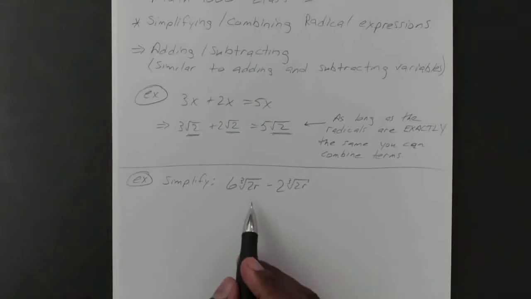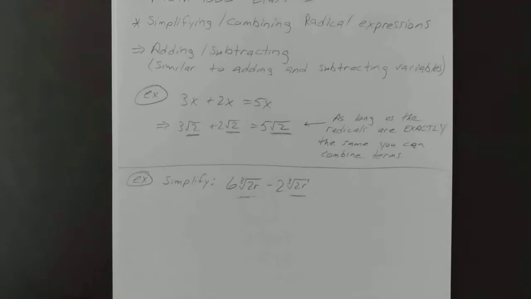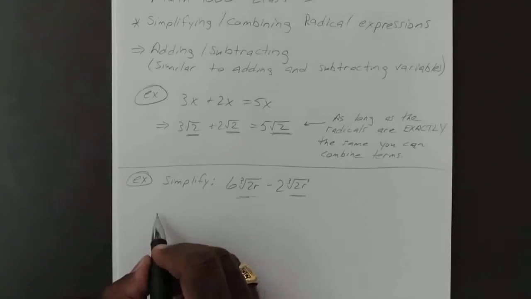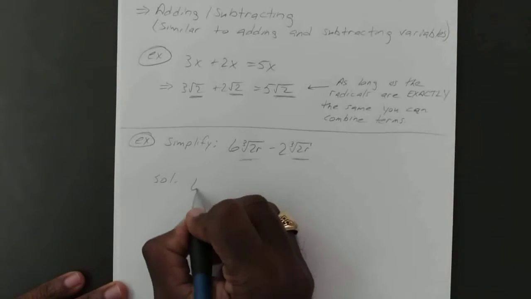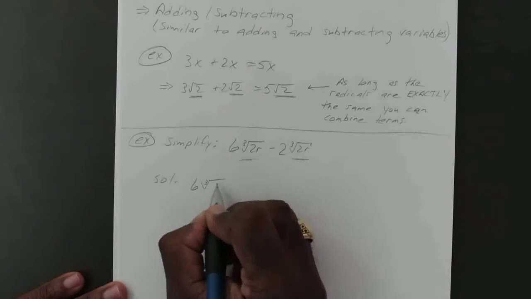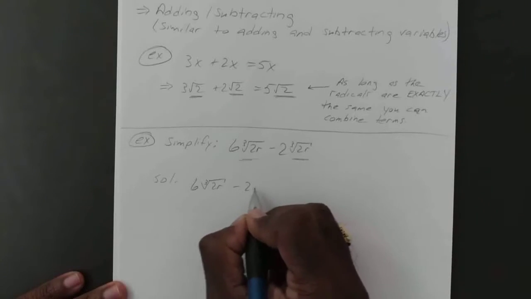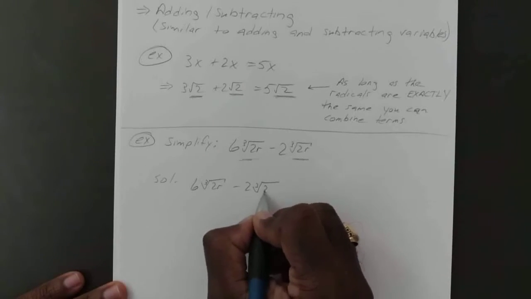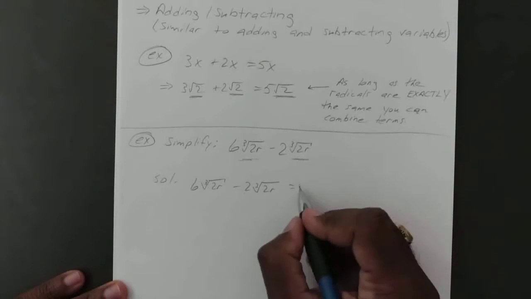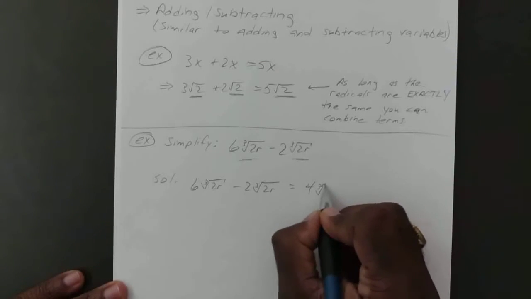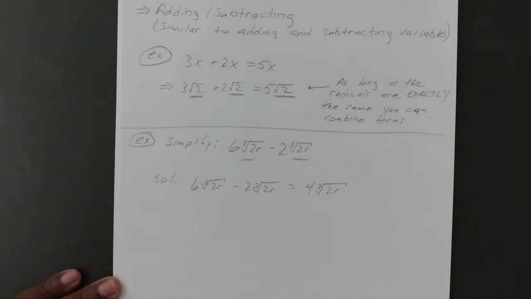As long as your radicals are exactly the same, you can combine them. So that means that 6 cube root of 2r minus 2 cube root of 2r is going to equal 6 minus 2 is 4, so 4 cube root of 2r.